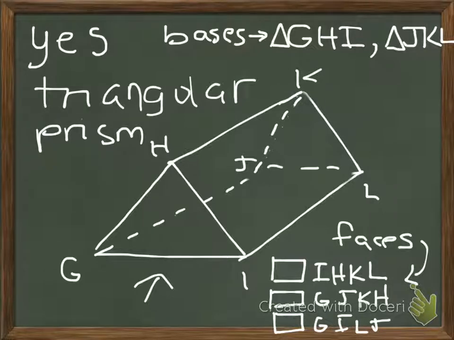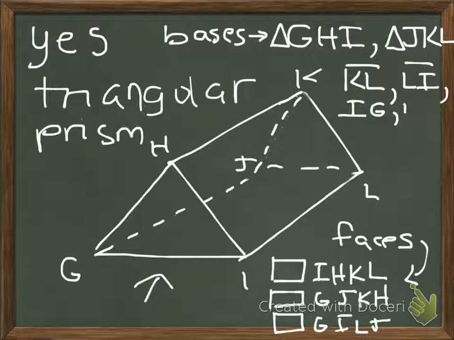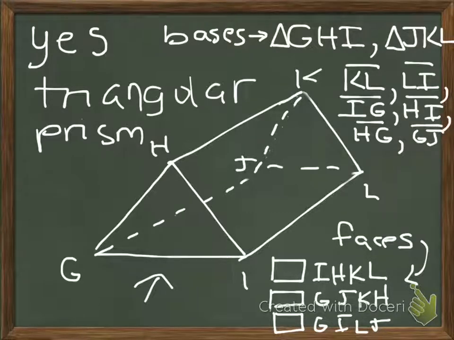Now the edges are considered the segments or the lines that make up each side of the base and the face. So the edges are going to be written as segments. So we need to list all of them. We have KL, LI, IG, HI, HG, GJ, JK.